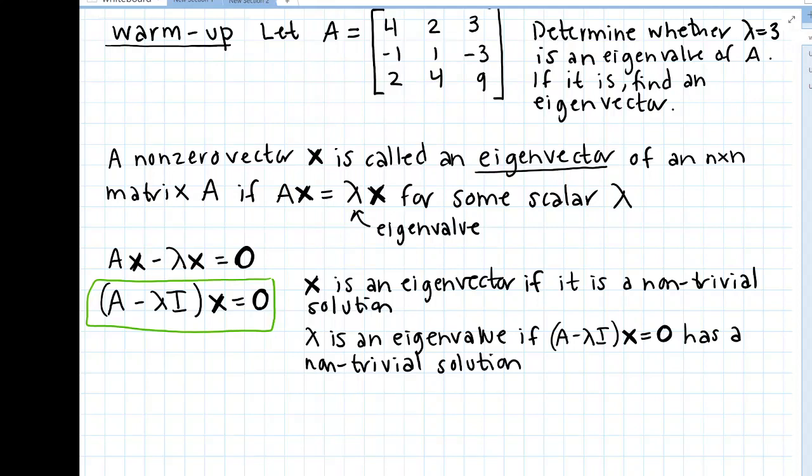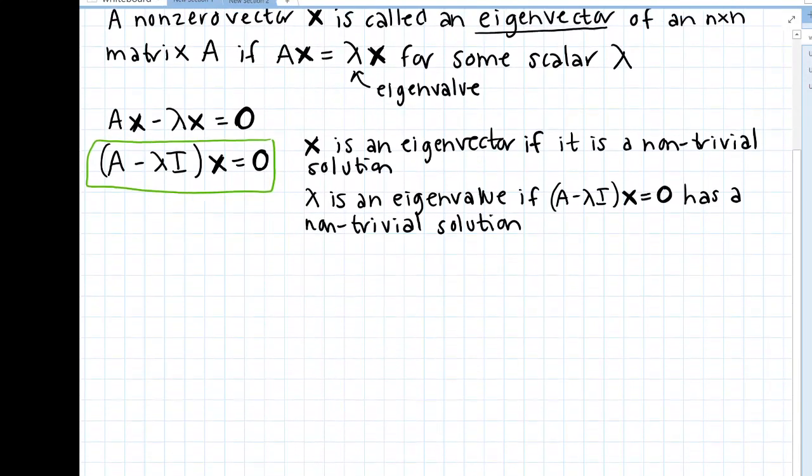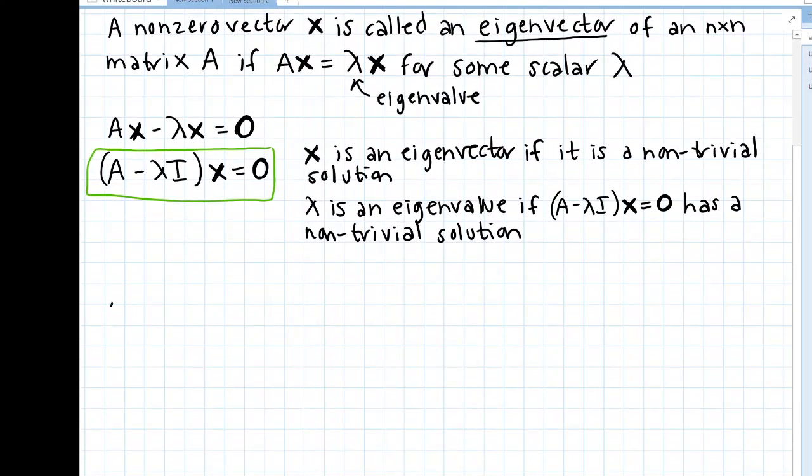So let's look at this specific example. We're trying to figure out whether lambda equals 3 is an eigenvalue. What we want to do is take our matrix A, subtract 3 times the identity from that matrix, and then solve that matrix times x equal to 0. So let me scroll down a little bit. In this case, we have A minus 3 times the identity.